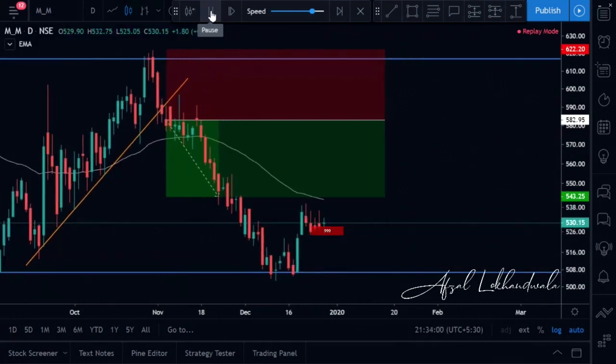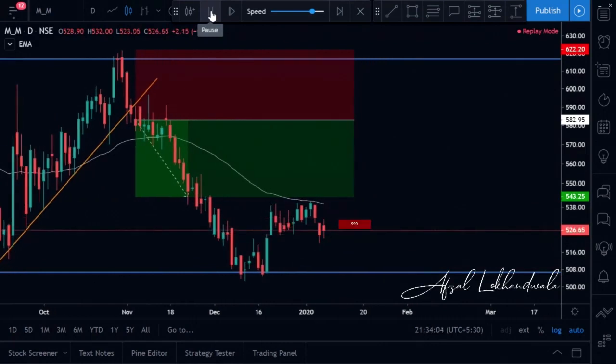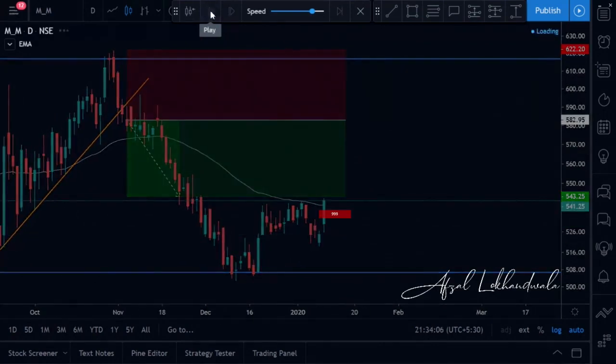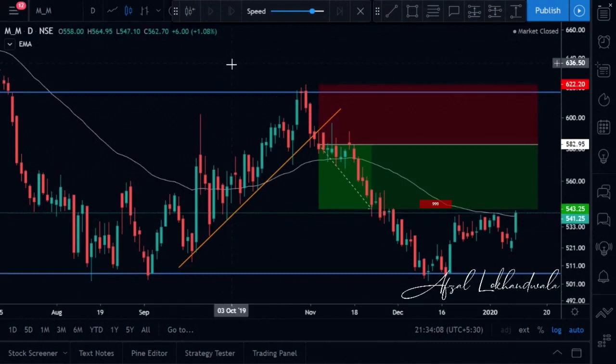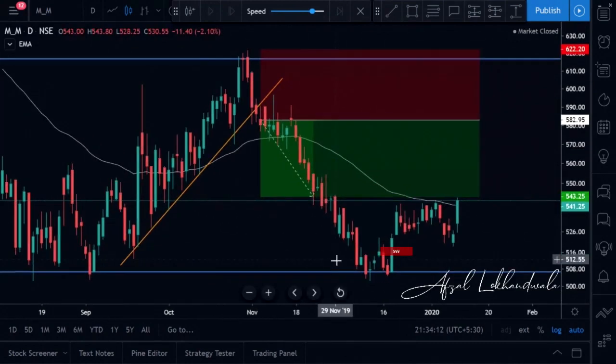Nice move from the support. So the trade went down all the way to support. Then it formed a W bottom. You can see there is a W bottom here. The support got respected and price again bounced a little bit. And now it is in a sideways market.